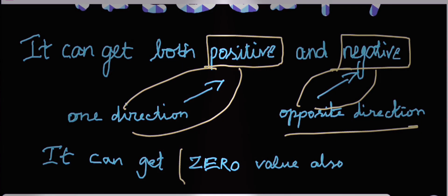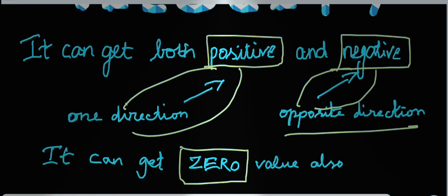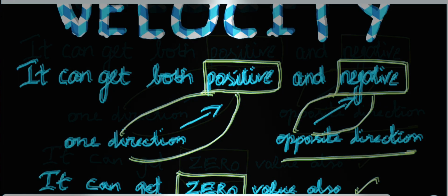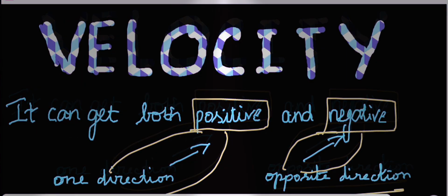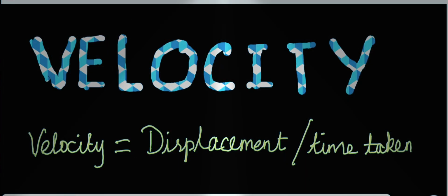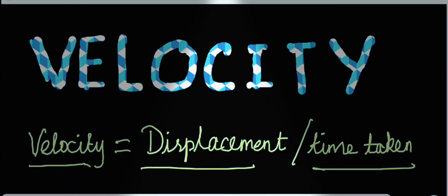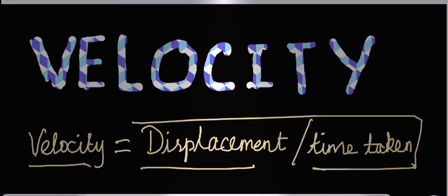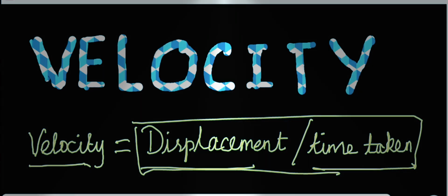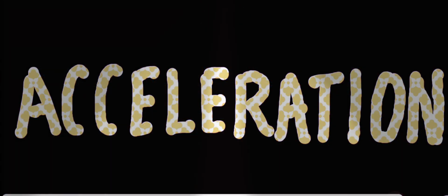Velocity can also get zero value. How to calculate velocity? Velocity is equal to displacement divided by time taken. As we know, velocity involves both displacement and time taken.